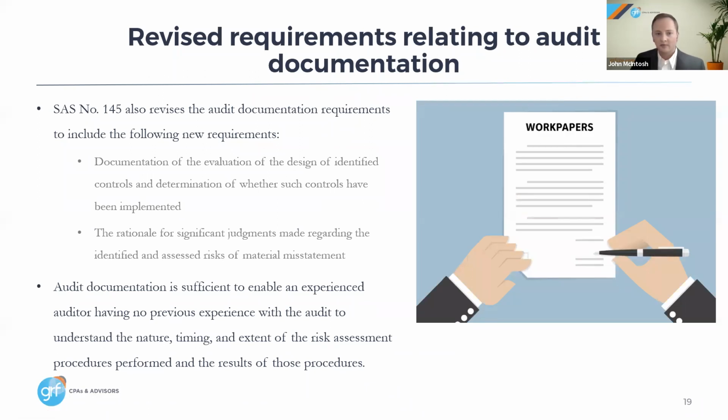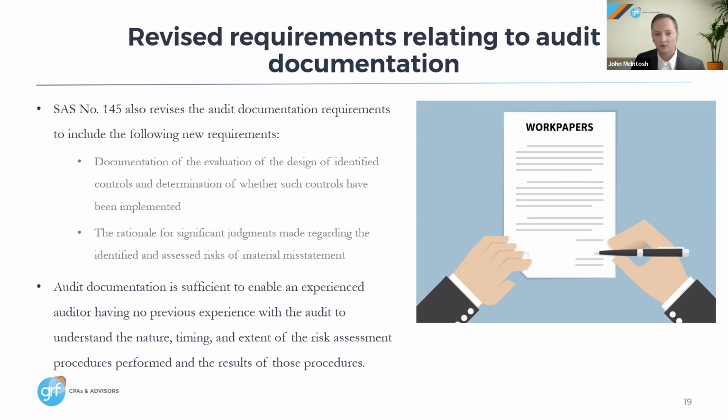The final area that I'll be covering on the standard is related to revised requirements for the auditor's documentation. And what kind of standard would it be if it did not result in additional audit documentation? Most notably, SAS 145 revises the audit documentation specifications to include the following new requirements.